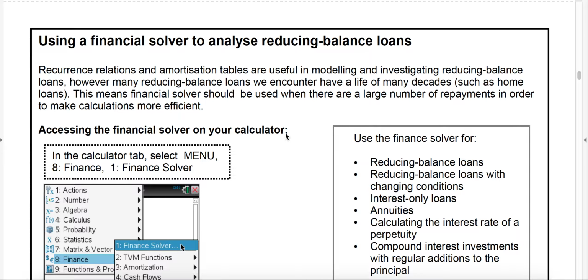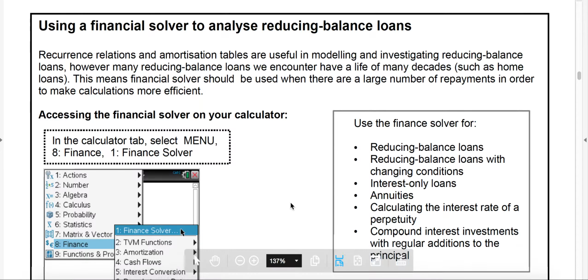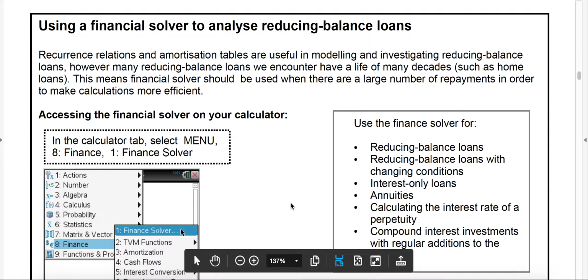And a recurrence relation is no good either because, again, we'd have to just find every single amount owing for every single compounding period in the lead up to the one that we want. So if we wanted, say, 10 years down the track and it was a monthly payment, we're looking at 120 compound periods in that time. So financial solver is going to make it more efficient for us.